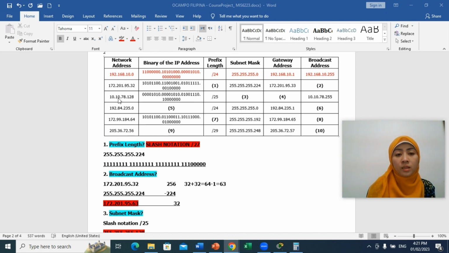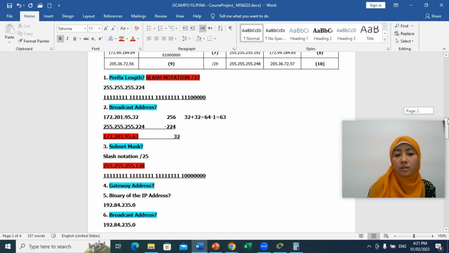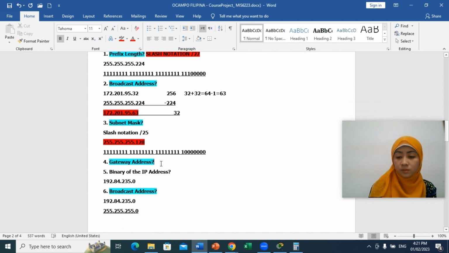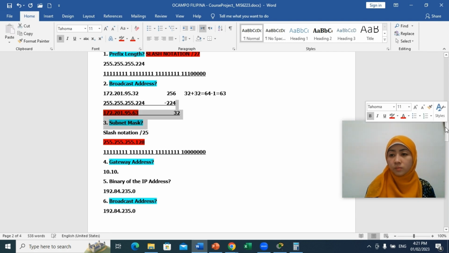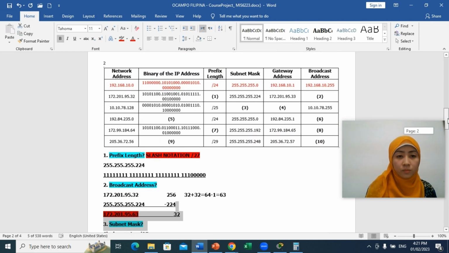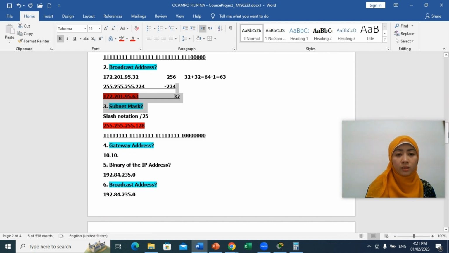So 128 plus 1 is 129. So our gateway address is 10.78.129. So this is our gateway address.